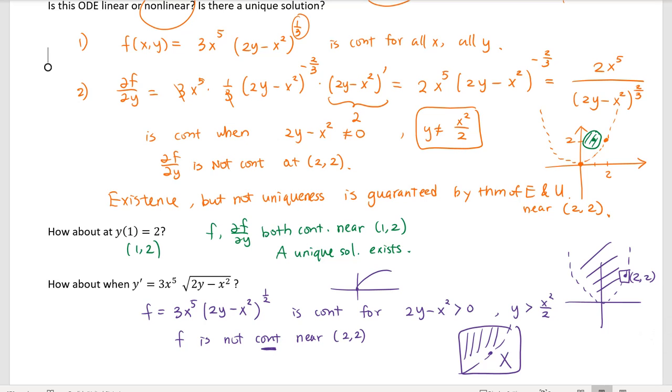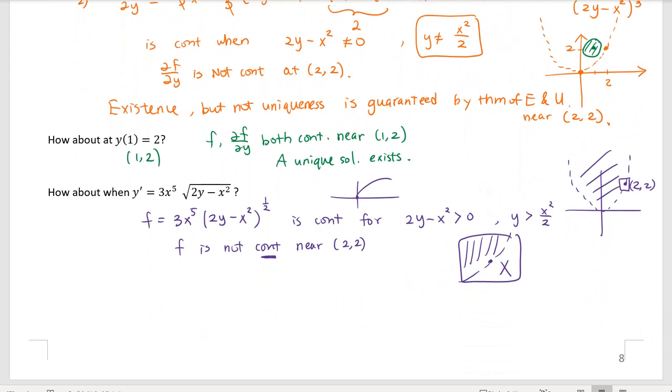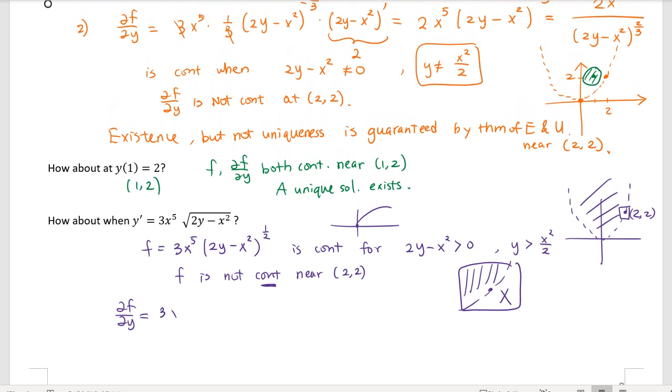Okay, and similarly, we get partial f partial y. What is that? 3x to the 5th times 1/2 times 2y minus x squared to the minus 1/2, times 2, because u prime is 2. So then we get 3x to the 5th over 2y minus x squared to the 1/2.